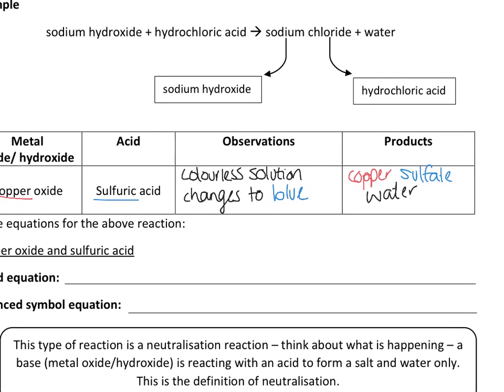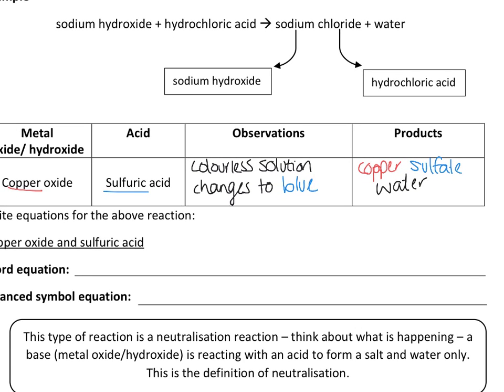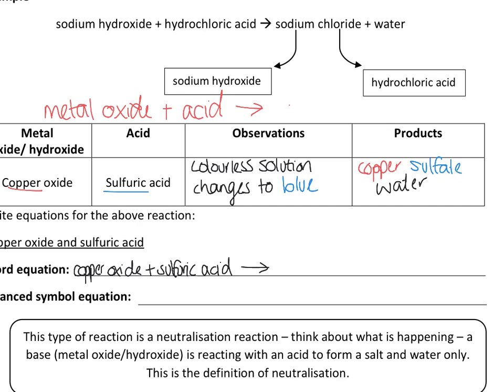Now, time for our word equation. Okay, so the word equation should be fairly simple. We've got copper oxide reacting with sulfuric acid to give us, now remember the general equation, it's going to be metal oxide plus acid gives us a salt plus water.